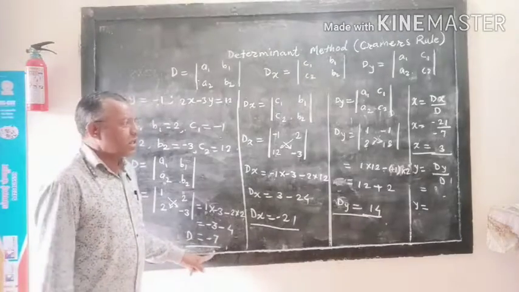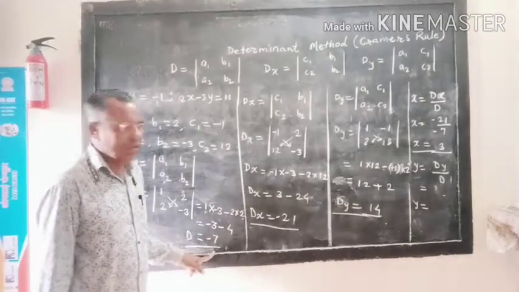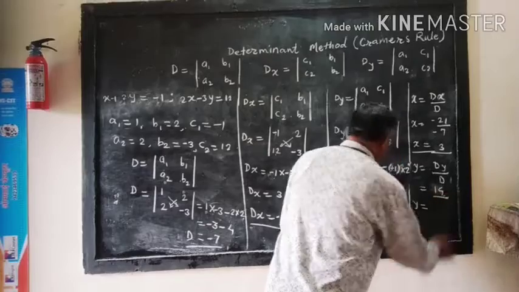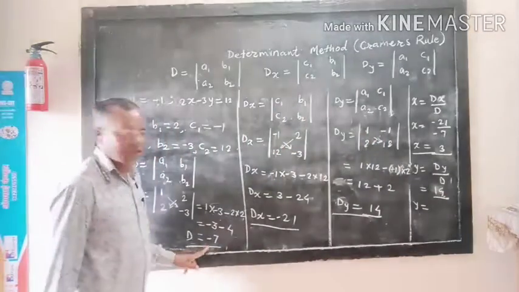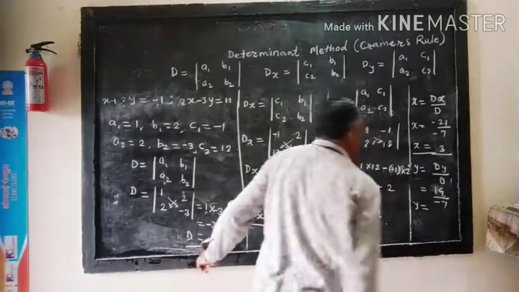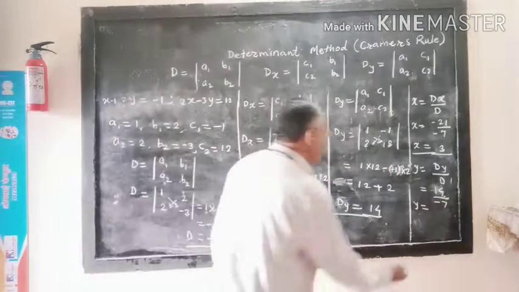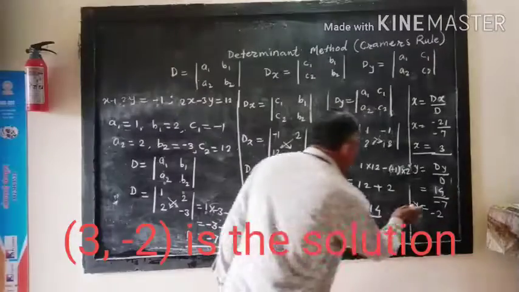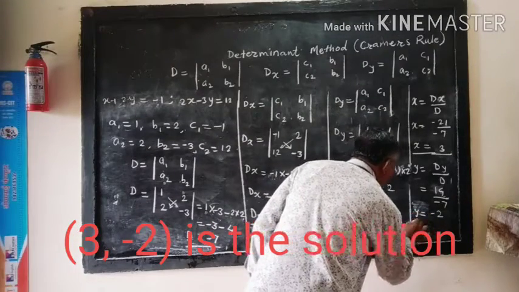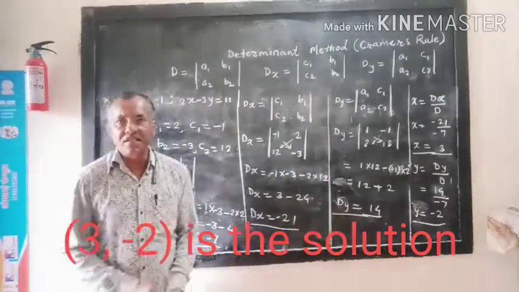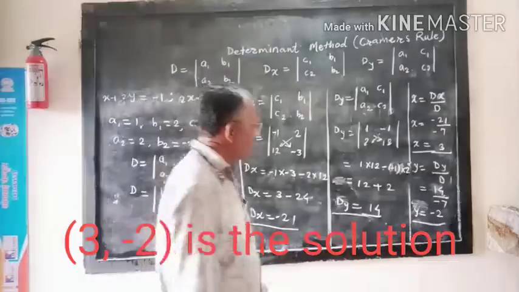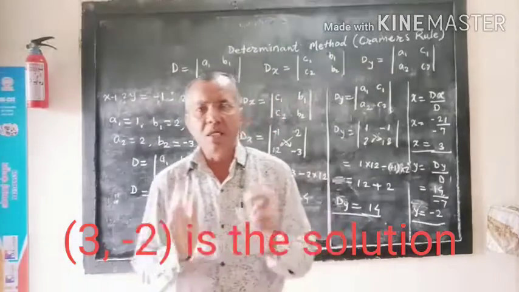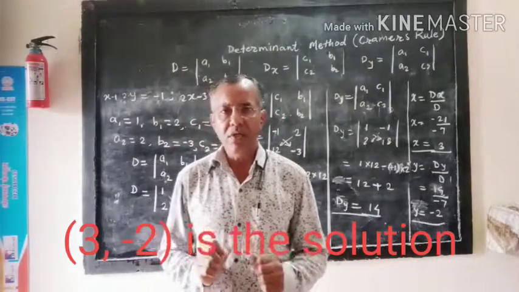Now y is equal to D of y by D. D of y is 14, divided by D, which is minus 7. 7 2s are 14 and the sign comes here. Therefore y is equal to minus 2. And what will be the last answer? Correct. 3, minus 2 is the solution of the given equation.